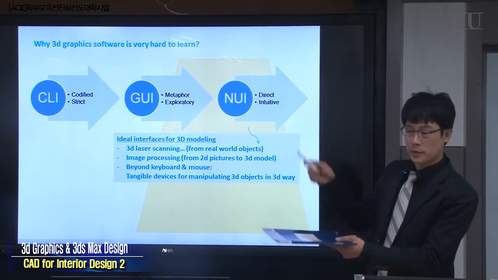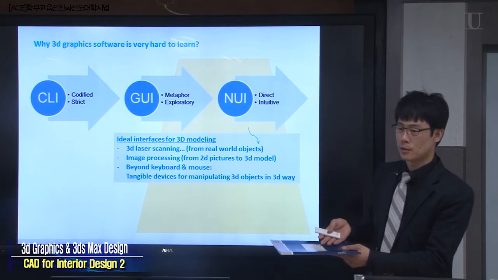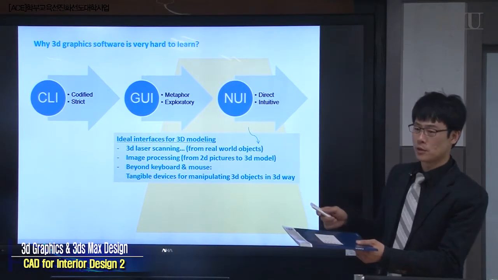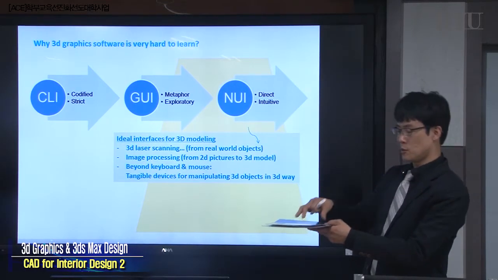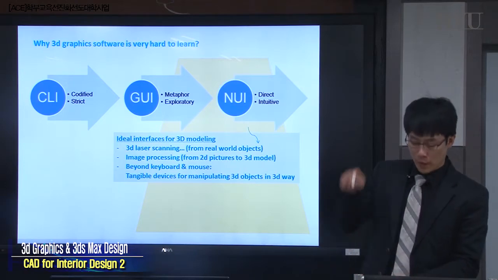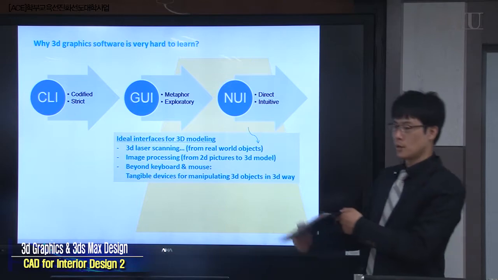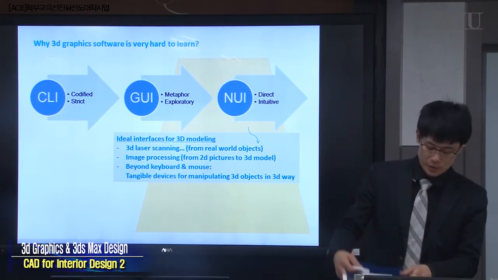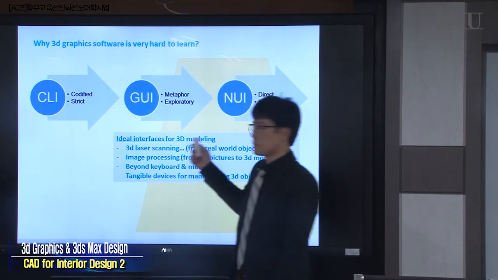If you cut something, the geometry gets cut according to your motion. And you can rotate it. If you see it is too thick, you can shrink it with your hand, with your magic wand, whatever. You can see it in 3D, in a tangible way. So that is the ideal interface for 3D modeling.